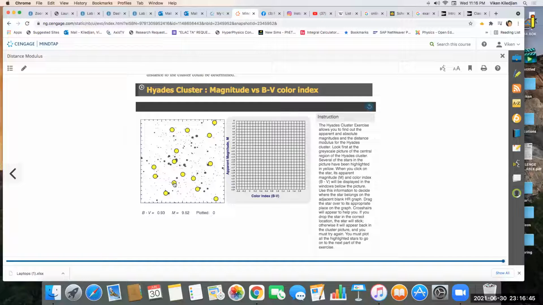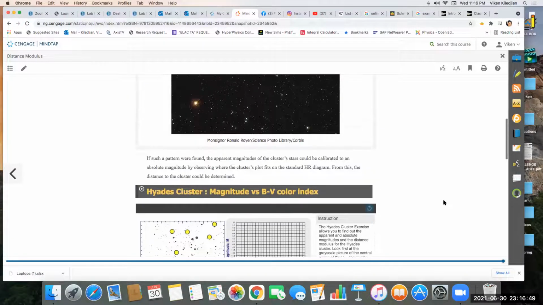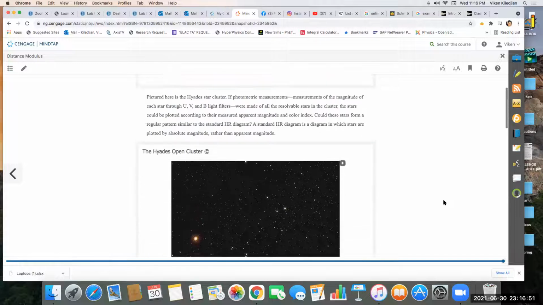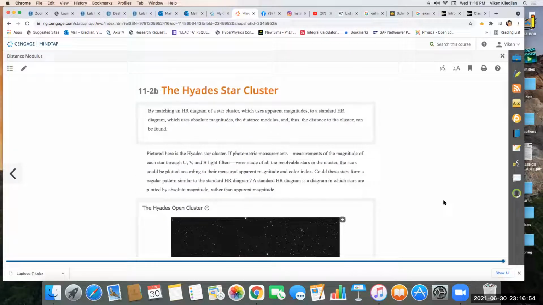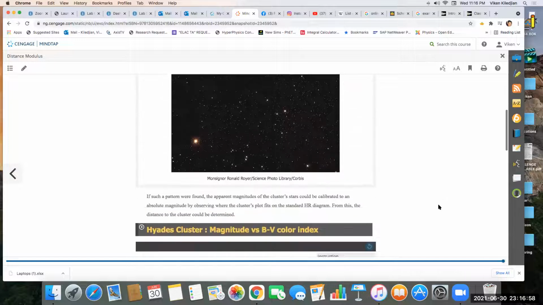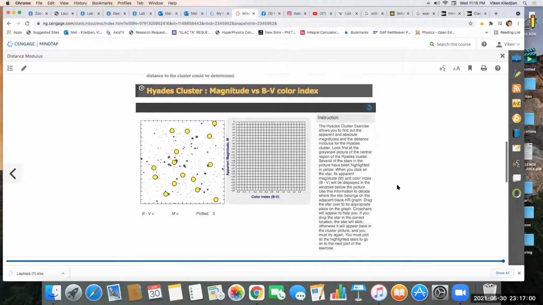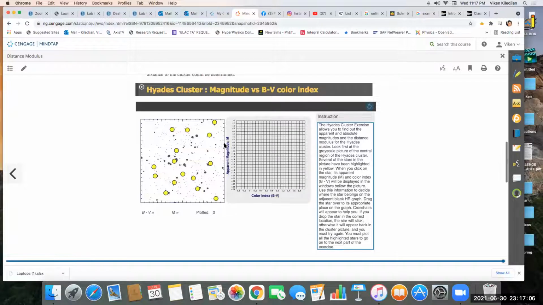They should have written little m, because this is the apparent luminosity. See, it got me confused too. They should have written the apparent luminosity with the little m, not a capital M. So what they're giving us is the apparent luminosity of the star, 9.52, and the color is 0.93.